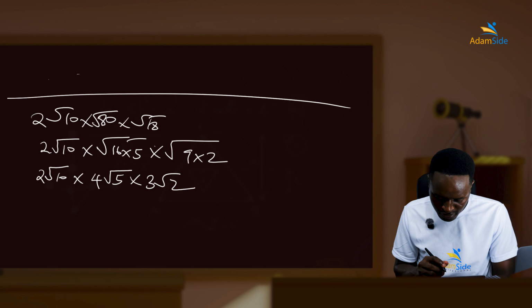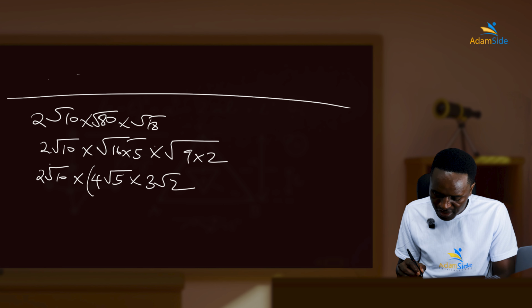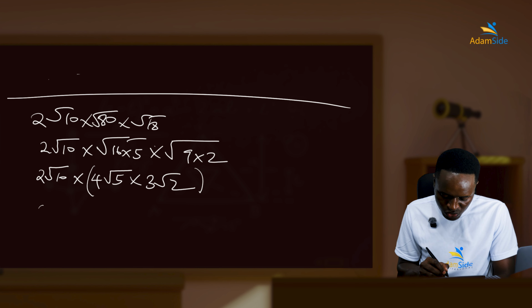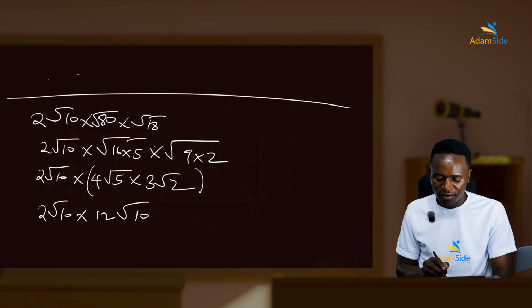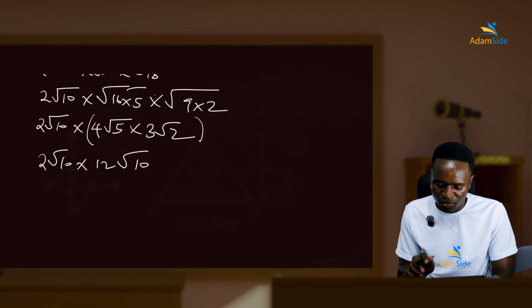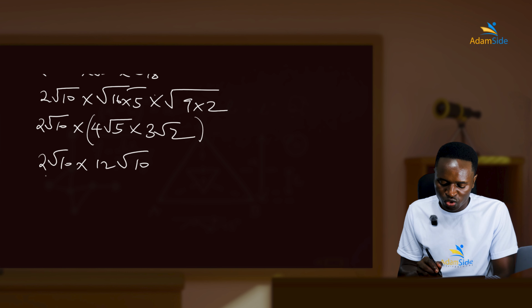Correct. Then if you're simplifying this one, we can multiply 4 root 5 and 3 root 2 first so that we can have similar things. So 4 times 3 is 12, 5 times 2 is 10. When you multiply together, you get 12 root 10. So you have 2 root 10 times 12 root 10.